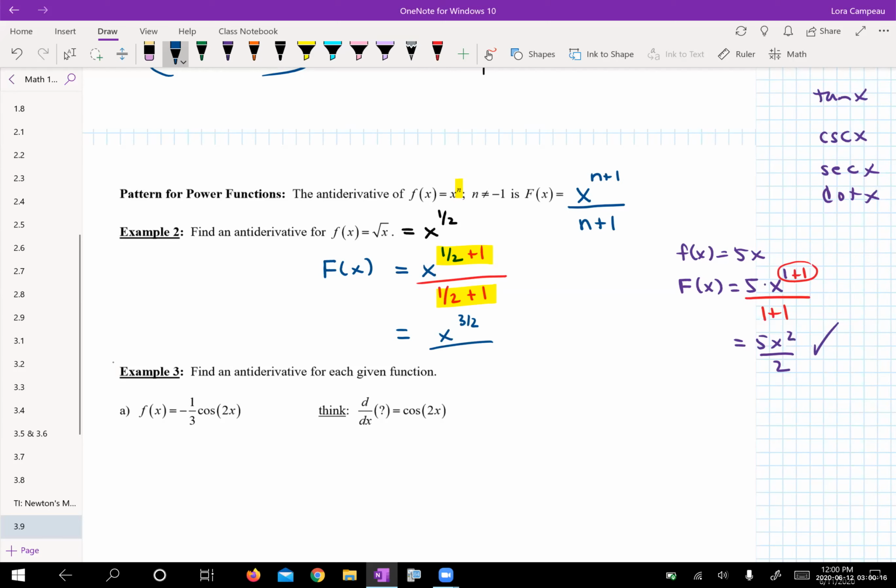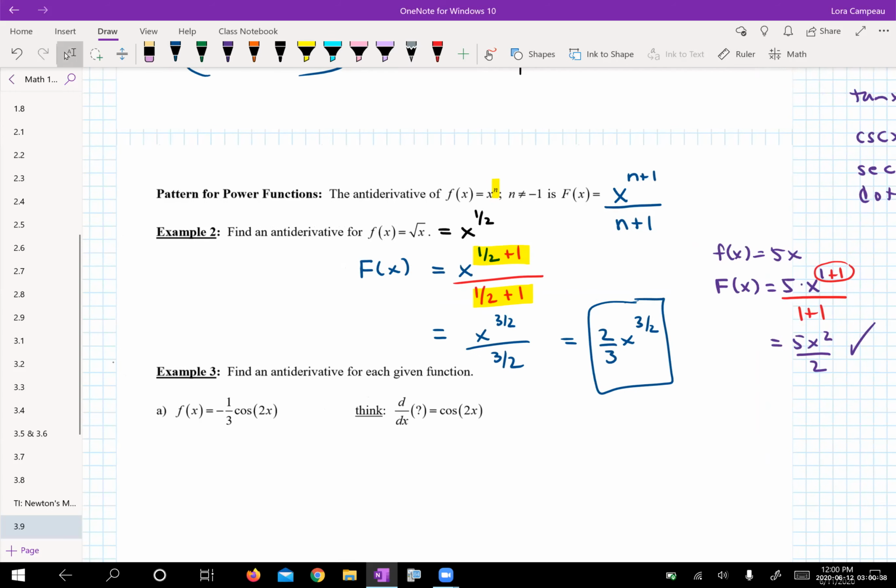So that means in both cases we have 3/2. And then we know if we divide by a fraction, it's the same as multiplying by a reciprocal. So what we end up getting is 2/3 x to the 3/2 as our antiderivative. And that's good enough. If you want to rewrite it back as a radical, that's fine, but for purposes of our class, we don't necessarily have to. Maybe if we're plugging in numbers later.